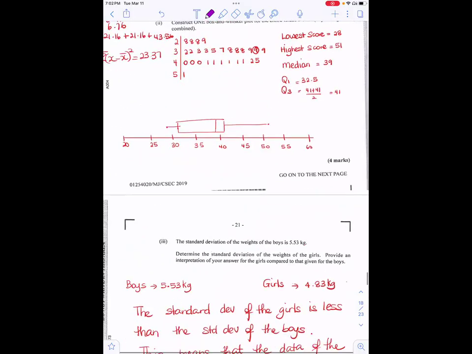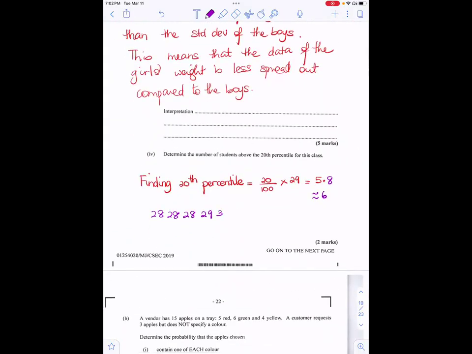Then we have 32, 32. So the number of students, this is 1, 2, 3, 4, 5, 6. So this would have been the 6th value.